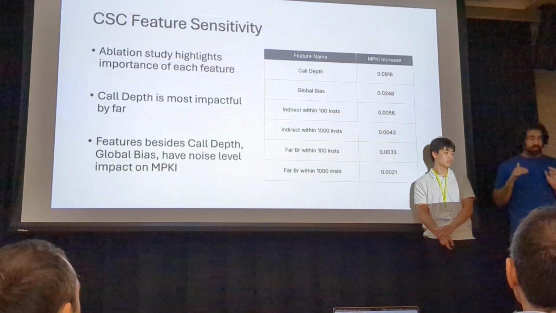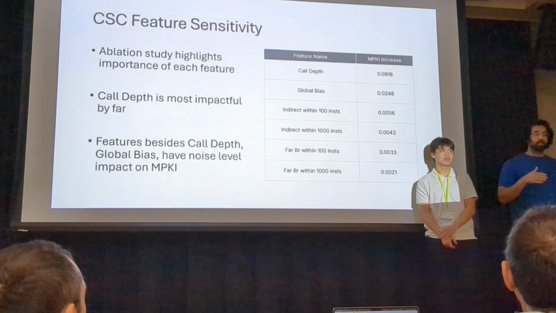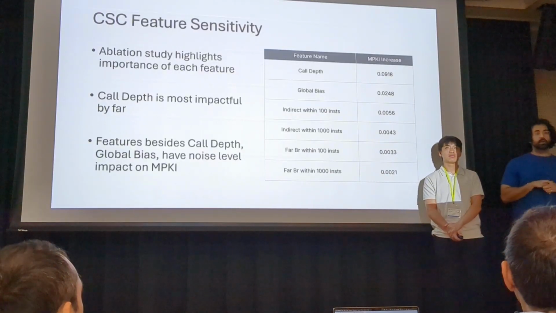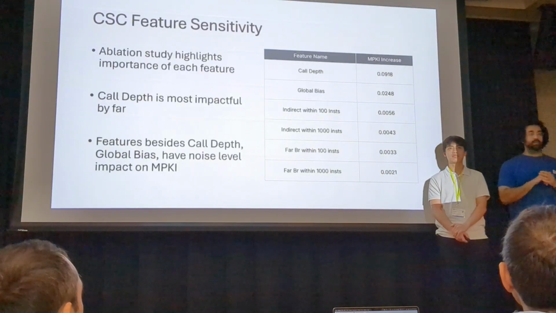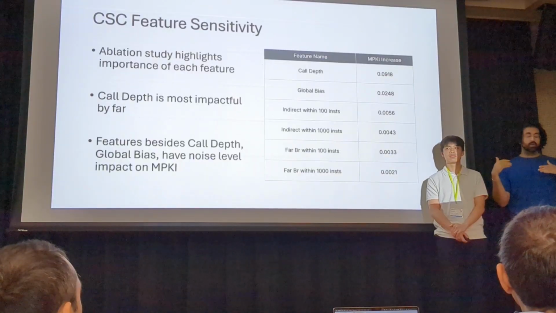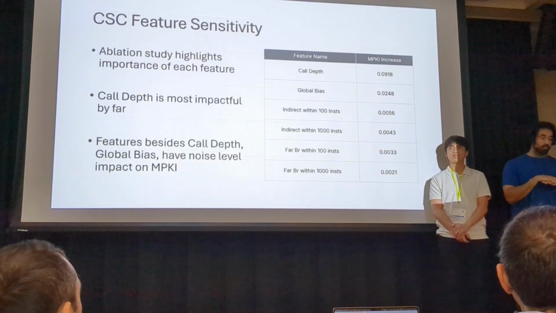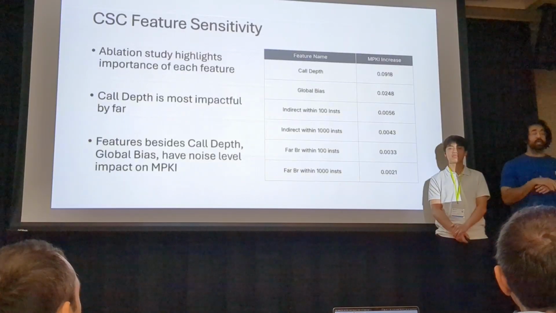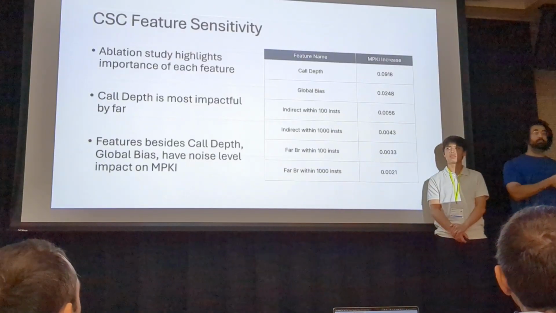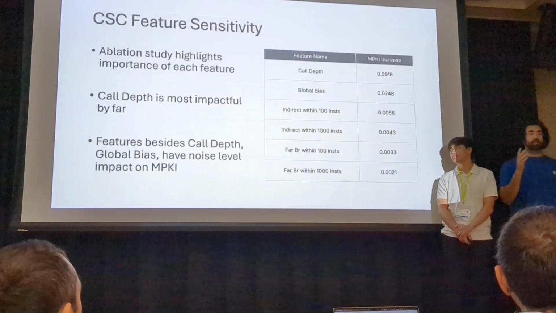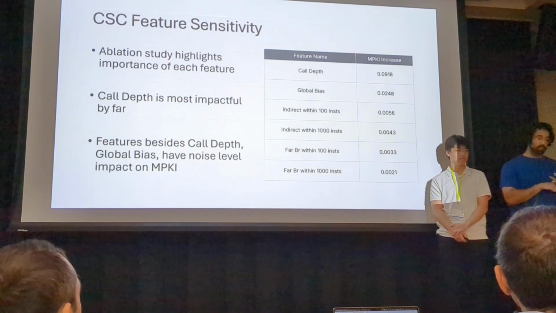We don't have a smoking gun for why call depth was so good, but our general idea is that things shared across library functions have to have checks that are always going to pass, for bounds checking type things, right?